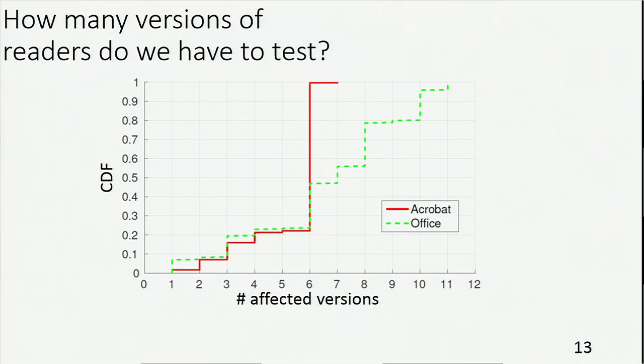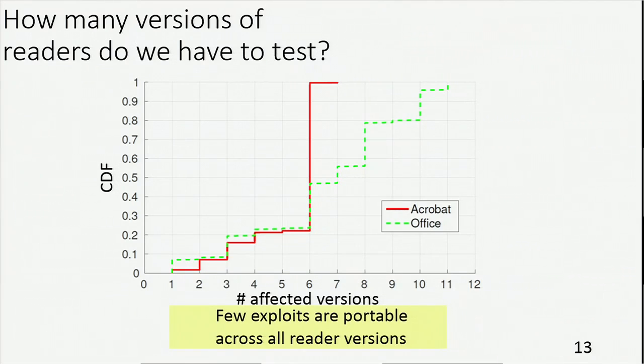And what you'll see here is that the vast majority of these cases aren't successfully able to exploit every single version of the readers that we tested, which means that if you want broad spectrum coverage to actually be able to tell whether something is an exploit document, you have to run it against a bunch of different versions, or you're not guaranteed to actually find them all.